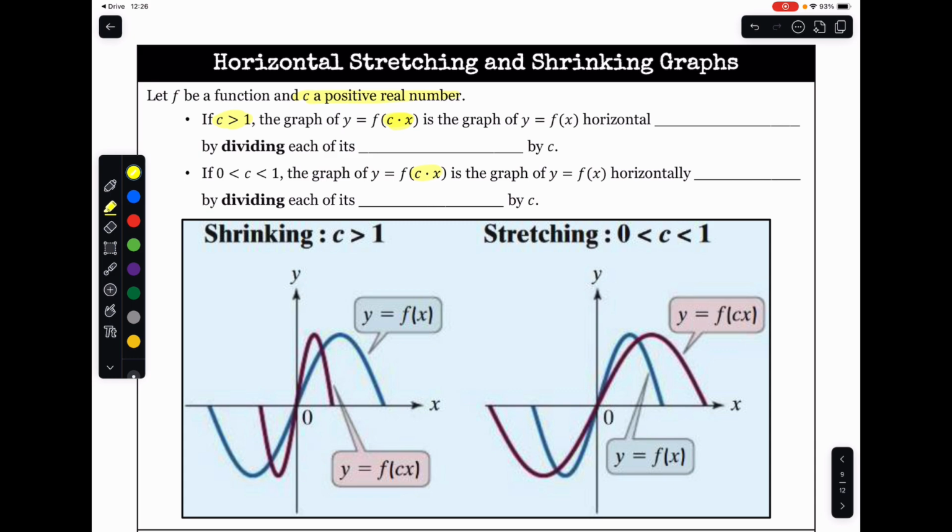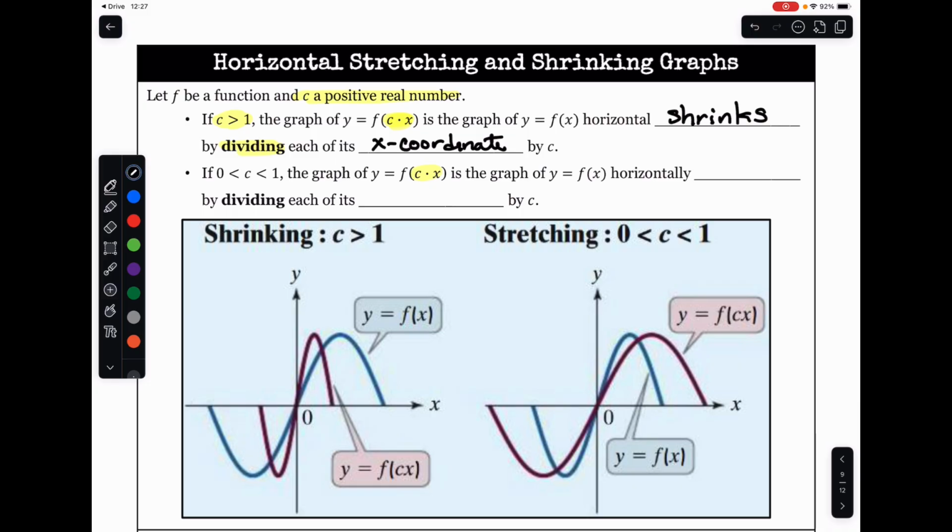Now, here, because it's an x, the value of c is going to be backwards. If the value of c is bigger than 1, then it's not going to do the same thing as the previous one with the vertical one. Instead of stretching it, it actually shrinks it, because instead of multiplying our x coordinate, we are going to divide the x coordinates by this value of c.